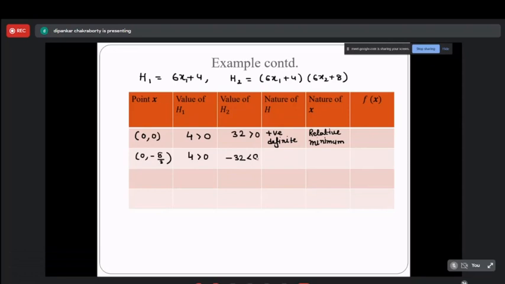So what is the nature of the matrix now?